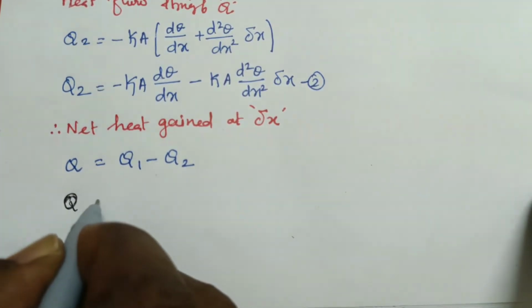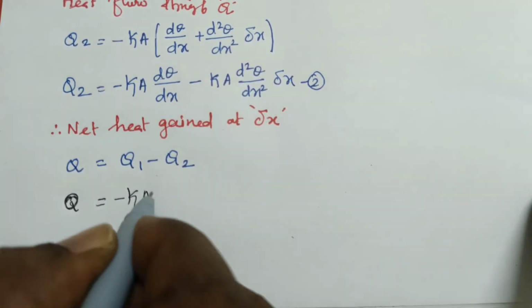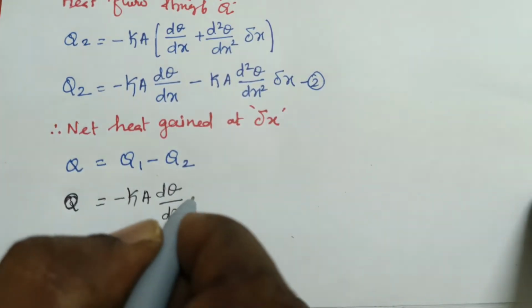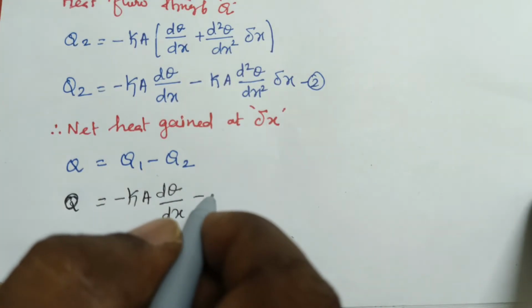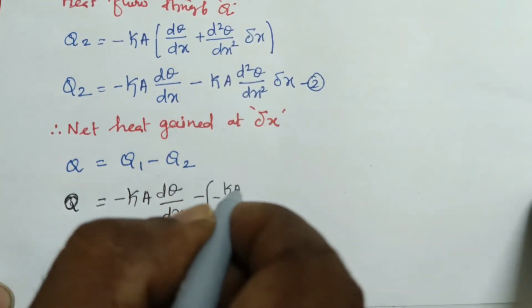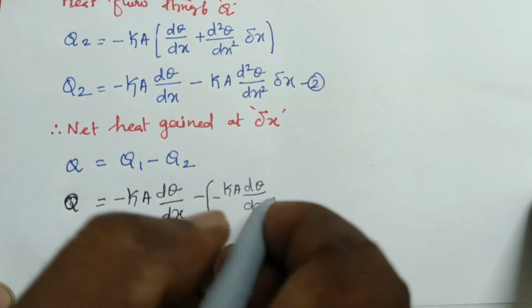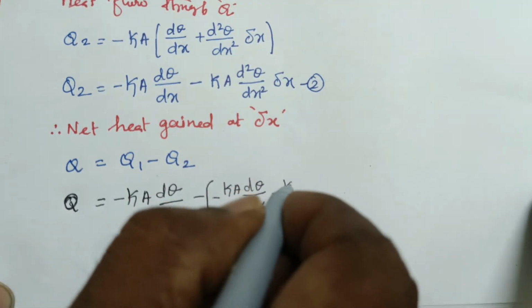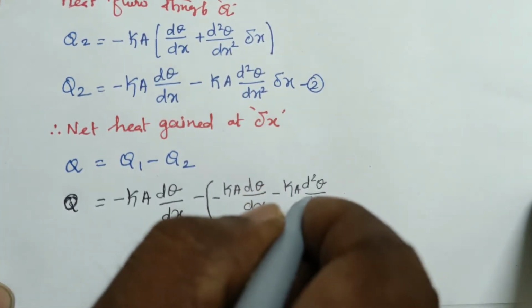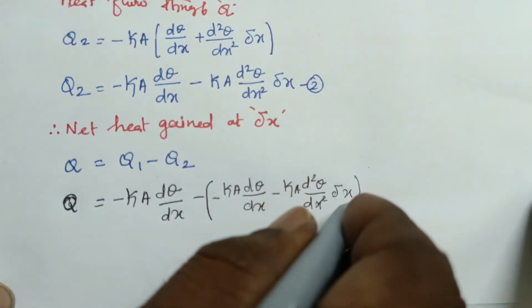So you can write Q is equal to minus Ka d theta by dx minus of minus Ka d theta by dx minus Ka d square theta by dx square del x.